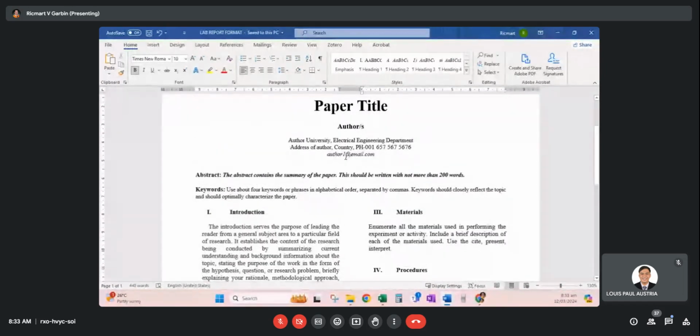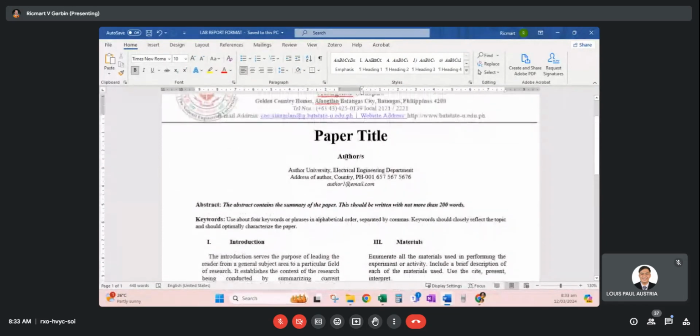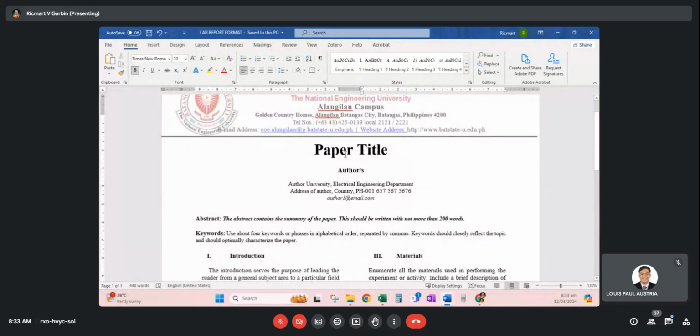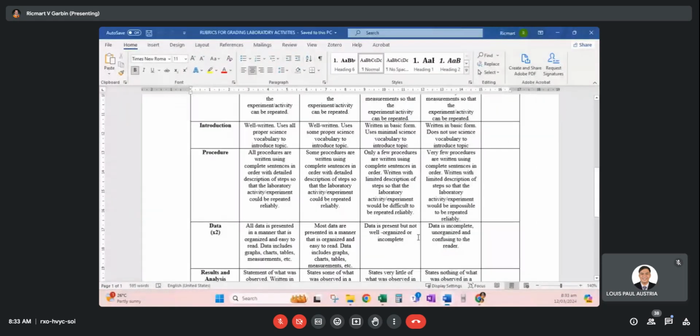Okay? So ito po yung gagawin nyo for today and for Thursday. Any questions? Sir, yung rubrics po ulit ay by paper, o by activity? Isa lang. Okay.